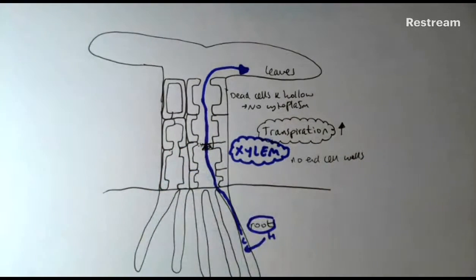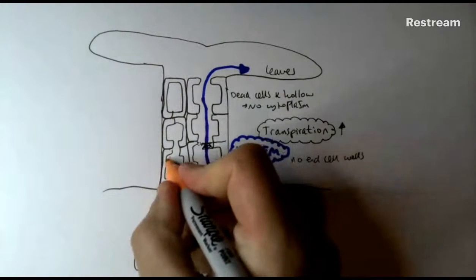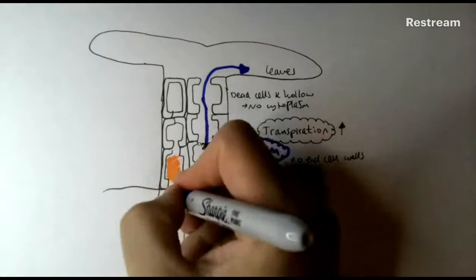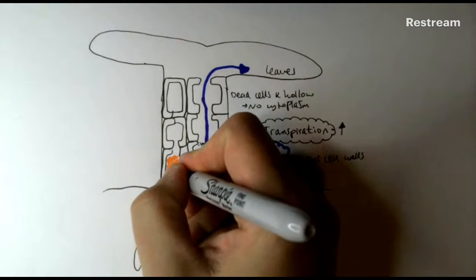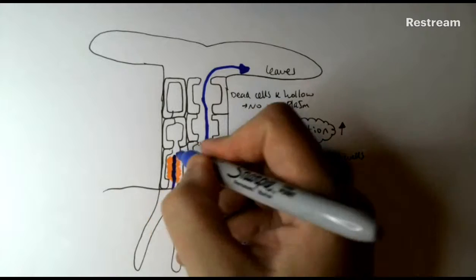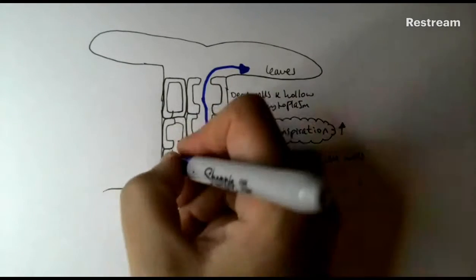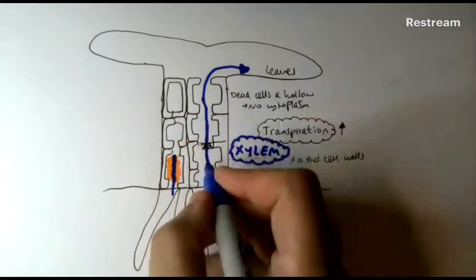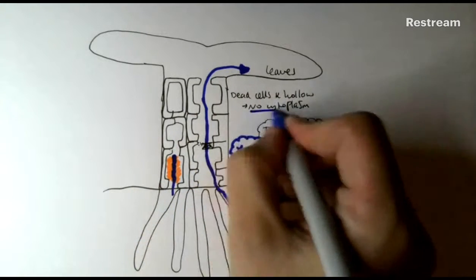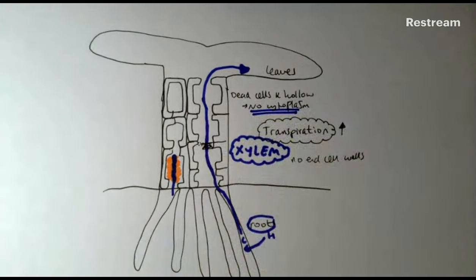Imagine if there was cytoplasm in the xylem. What's going to happen to how the water moves through the xylem? It's going to be transported much more slowly. But in a xylem, there is no cytoplasm.